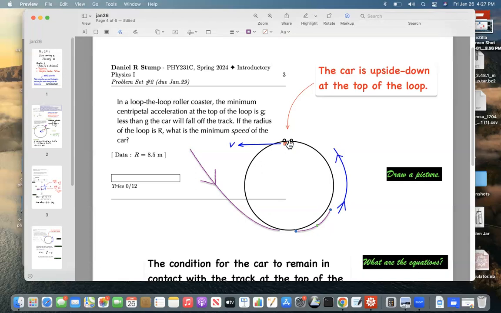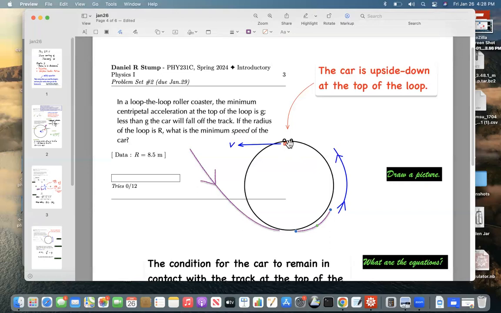The minimum centripetal acceleration at the top of the loop is g, the acceleration due to gravity. In other words, it has to be going so fast that the acceleration is larger than the acceleration due to gravity.